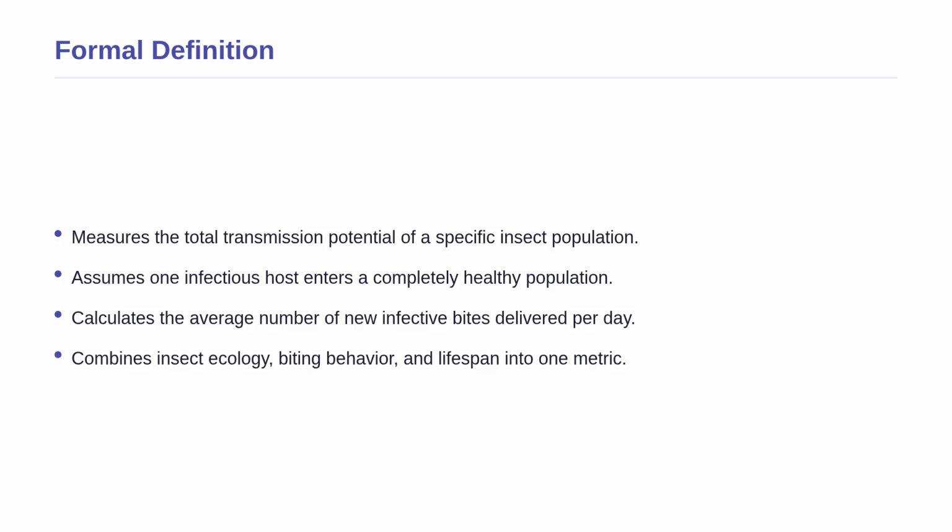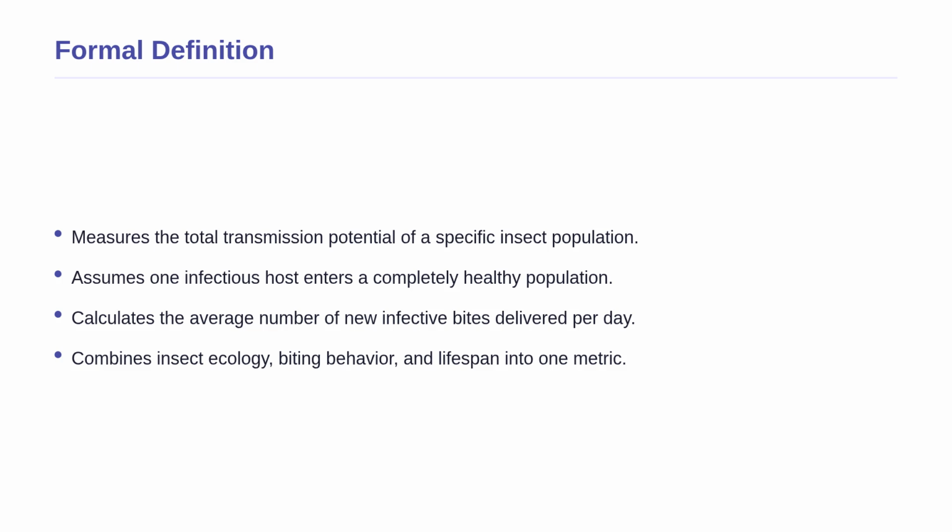Now that we have our delivery service analogy, let us look at the formal scientific definition. In epidemiology, vectorial capacity is defined as the average number of potentially infective bites that will ultimately be delivered by all the vectors feeding on a single infectious host in one day. Let us unpack that.